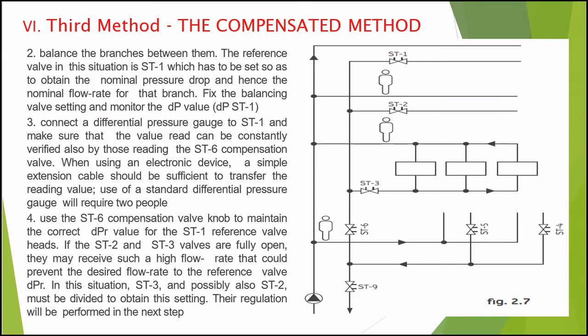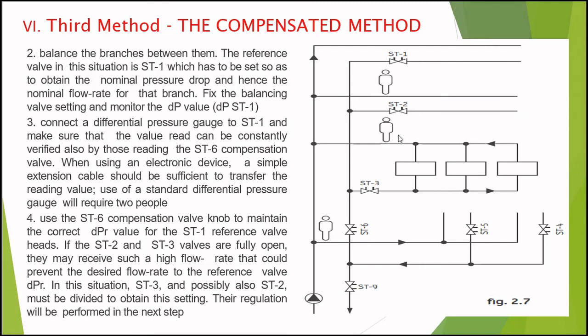because use of a standard differential pressure gauge will require two people, one here and one here, to monitor the differential pressure in the ST1 and the compensation valve reading. We have to use the ST6 compensation valve knob to maintain the correct DPR value for the ST1 reference valve.